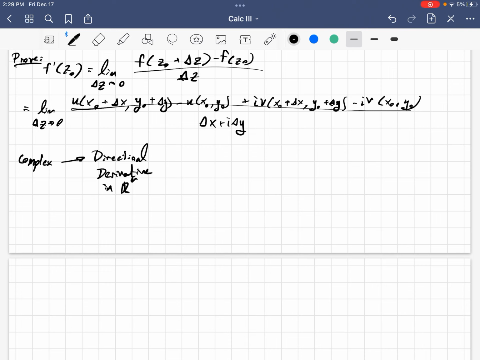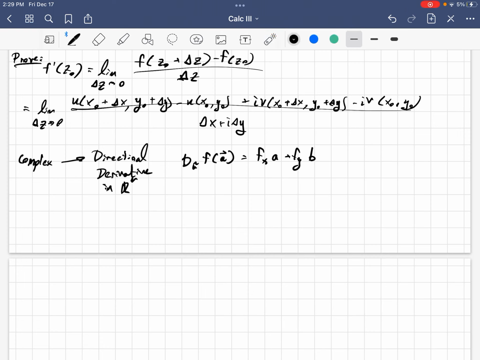In other words, I'm using the fact, more specifically in our 2D case, that the directional derivative D sub u of f at a is f sub x times a plus f sub y times b, right? And f sub x is the partial of f with respect to x. In other words, it's the directional derivative in the x direction and the directional derivative in the y direction.